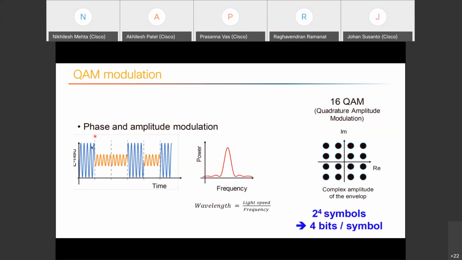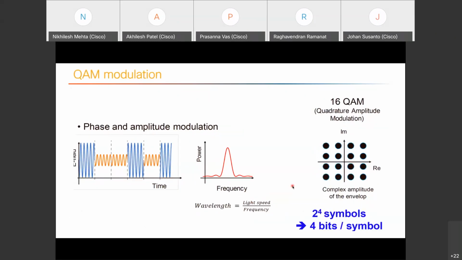Your phase may change, and your amplitude might also change. This is the example of 16 QAM. You can see there are 16 points in this constellation map. If you have to represent 16 points using binary, you will need 4 bits. That means we are sending 4 bits per symbol.